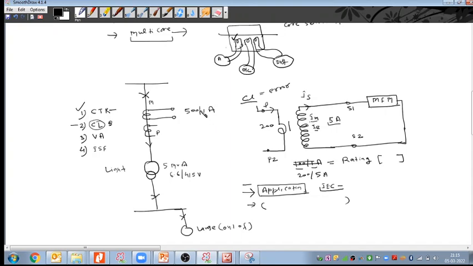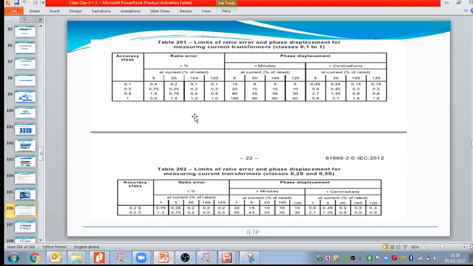It means when 500 ampere current flows in the primary, this will produce 0.1 percentage of error. But if 5% or 20% current is flowing, then the same CT core will generate more error, 0.4 and 0.2 percentage of error. So error is increased.